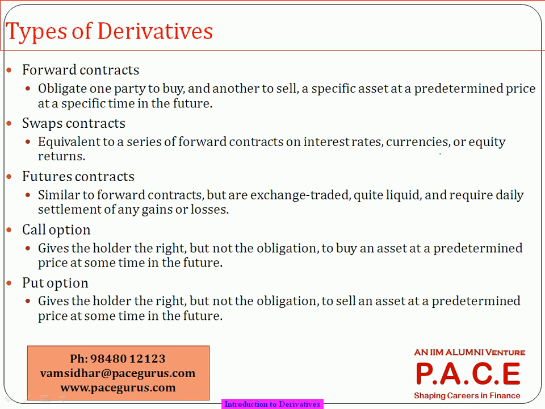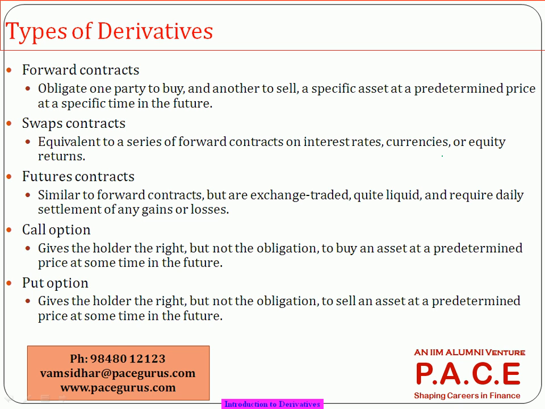Or I'll pay you in dollars. You pay me in rupees. Both of the parties are paying cash only. Whereas in case of commodities, as I said, I'll pay you 1,000, you give me the wheat. Even that kind of deals could be there as a part of forward contracts. Whereas in case of swap contracts, they are purely based on cash flows, like generally interest rates, currencies, or the return on equities and commodities, right?